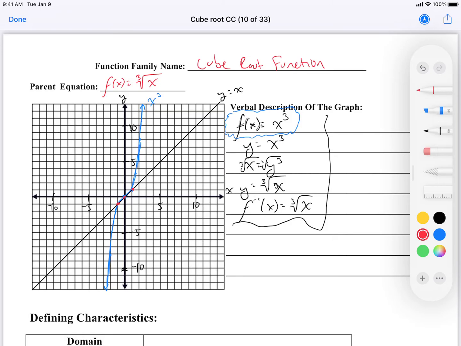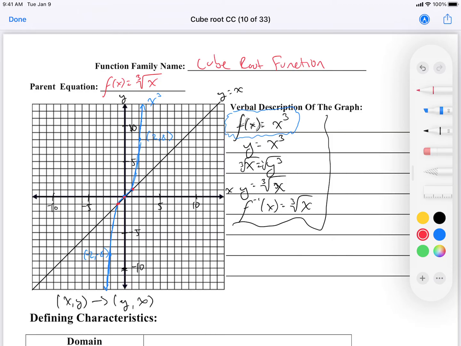Now, this point up here was at 2, 8, and this point right down here was at -2, -8. In order for me to reflect these across the line y equals x, I have to switch their x's and y's. Because remember, my transformation rule for reflecting across this line is xy goes to yx.